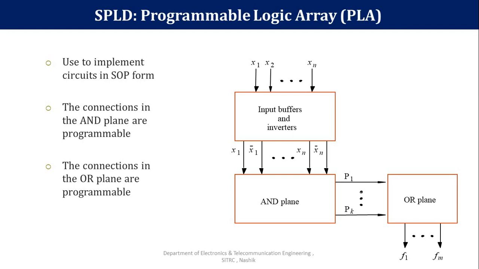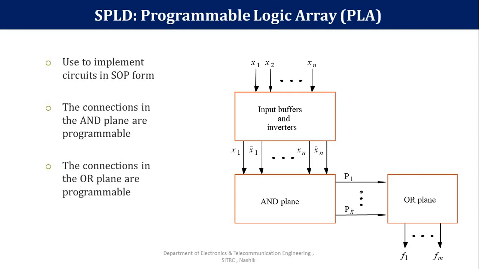Here, connections in the AND plane are programmable, and connections in the OR plane are also programmable. Hence, we can use the number of AND gates from the AND plane and OR gates from the OR plane depending on what type of functions we are going to implement.